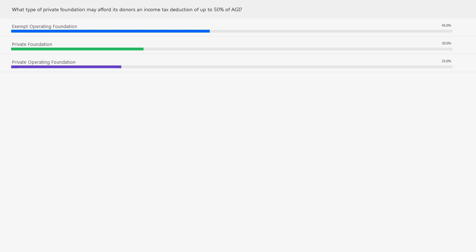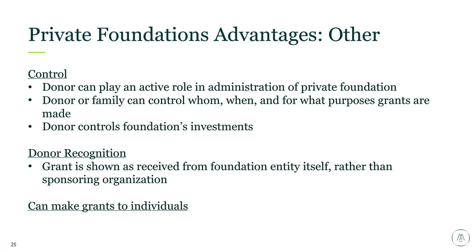Okay, we'll move on. So why would somebody want to form a private foundation? As we talked about before, there's an awful lot of control that donors, which tend to be the family, can enjoy with a private foundation. They will obviously play an active role in the administration. For sure, when an organization is first set up, the people holding positions within the organization tend to be the family itself.